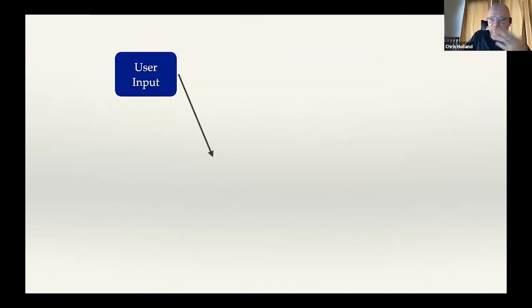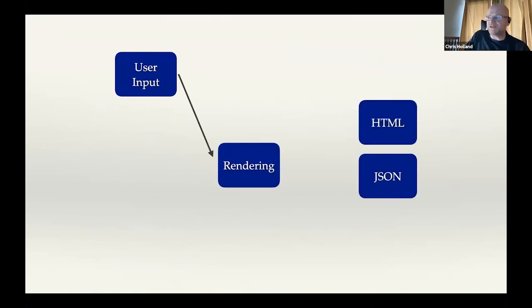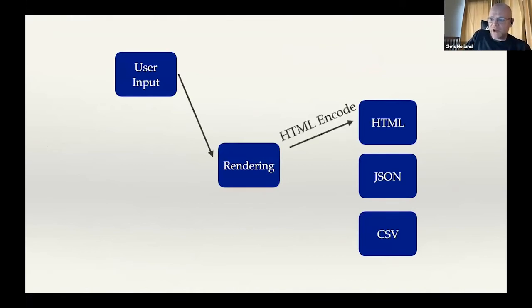To visually represent that, imagine you have user input that goes to your rendering engine, which could output HTML, JSON, CSV. And so your rendering engine is going to protect itself: it's going to HTML encode things before streaming to HTML, it's going to JSON encode things to output to JSON, and it's going to CSV encode things before outputting to CSV.